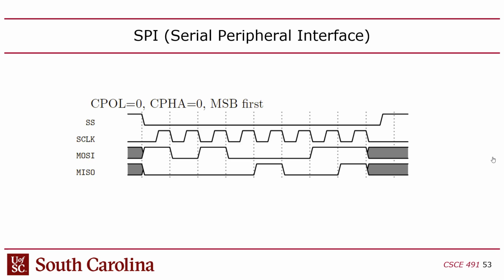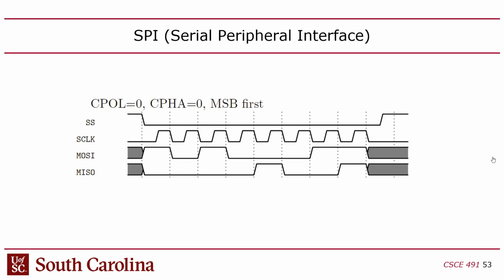So when you perform an SPI exchange, obviously you've got 4 signals. If CPOL is 0, that means the clock starts out as 0, because when you're not actively using the channel, the clock is always 0, right? That's the idle state of the clock.